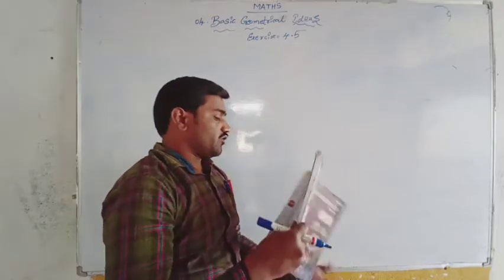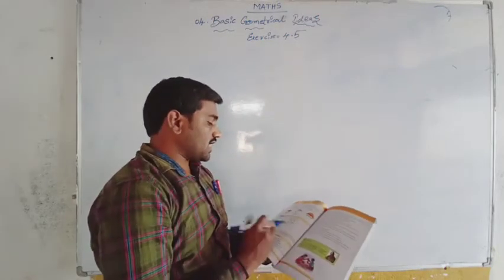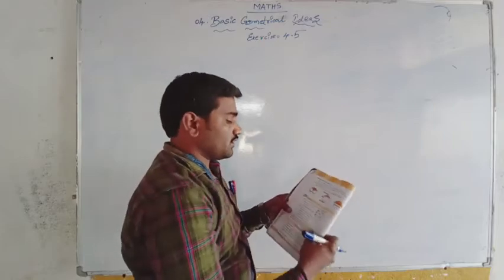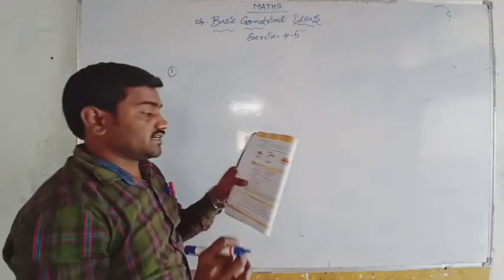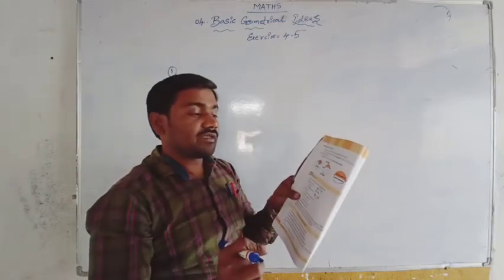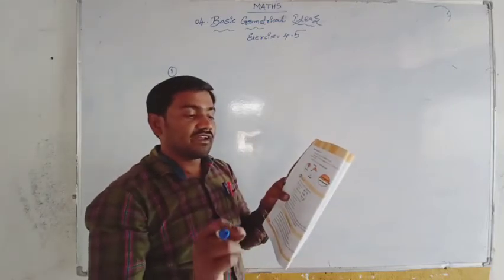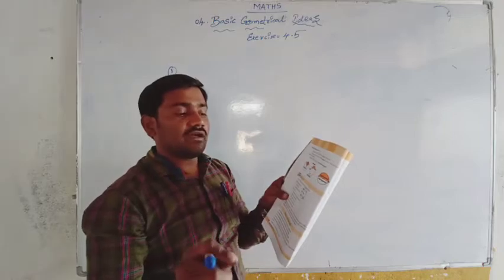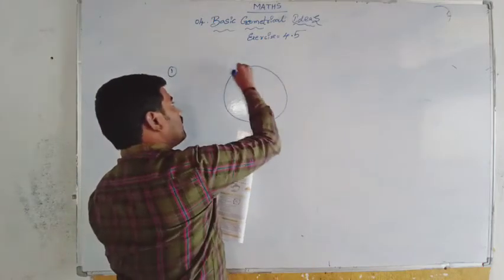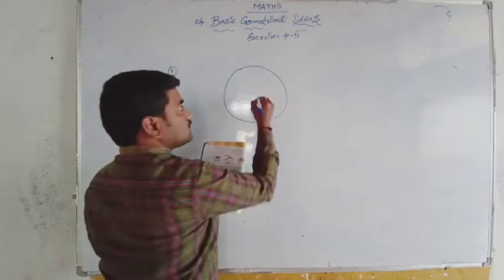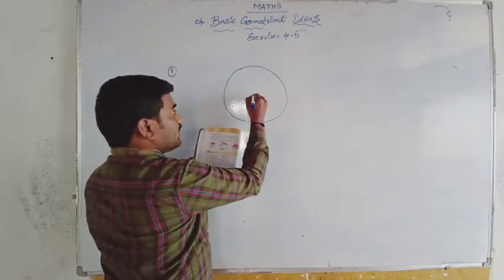Here we go with the 6th class textbook. The first question: draw a circle, name the center, radius, diameter and an arc. Draw the circle using a compass; it should be round in shape.